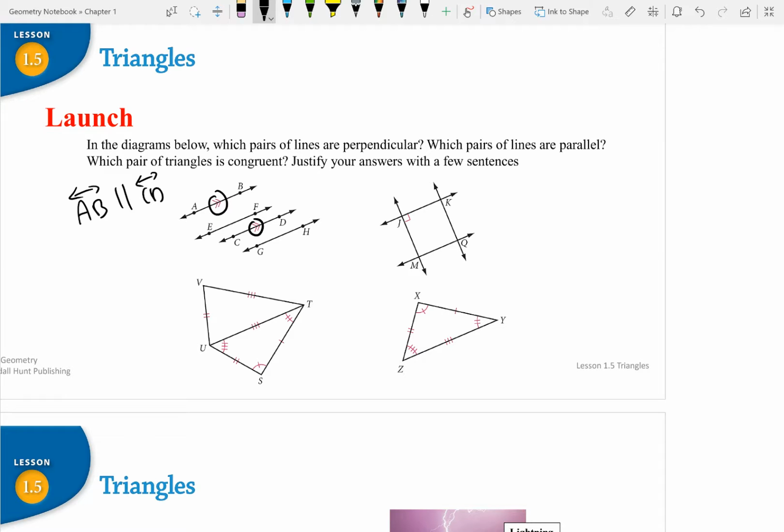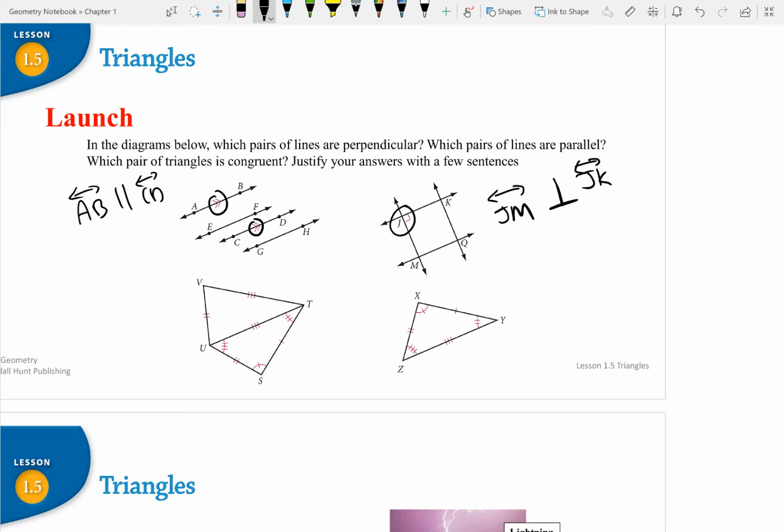And then in this figure, I know that JM is perpendicular to JK, and that's because of this marking right there. And it says, okay, well, which pairs of triangles are congruent?